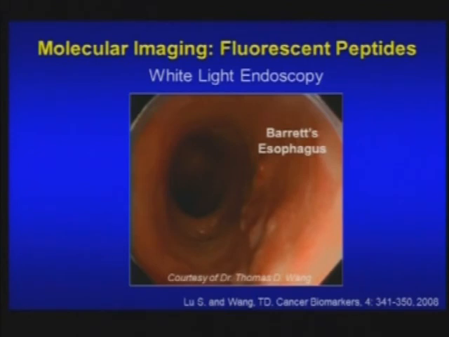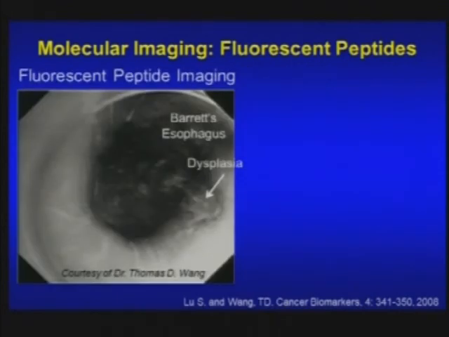So here's an endoscopic image obtained using white light from a patient with Barrett's esophagus who had an area of biopsy-proven high-grade dysplasia. You'll note it's a very subtle architectural change here, with a little bit of a minor impression in the dysplastic area. Here's the same image obtained using a scope in the fluorescence mode after the epithelium was sprayed with a fluorescent tagged peptide.